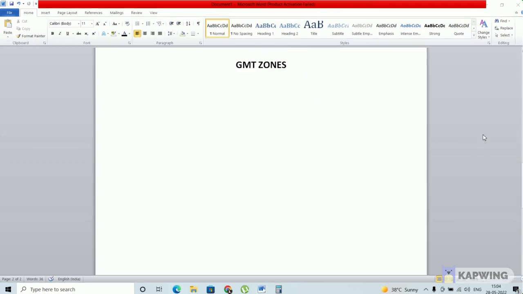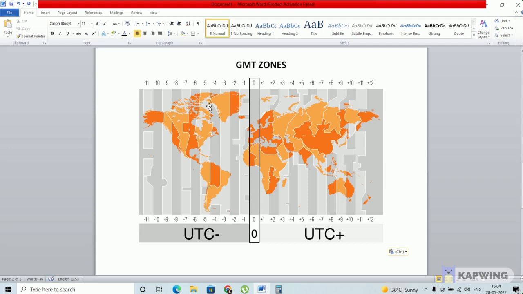Now we shall discuss the GMT zones. As you can see from this picture, the GMT zones are also called the UTC zones, that is the Universal Time Code zones. This particular zone of value 0 is where the longitudinal line of 0 degrees passes through.